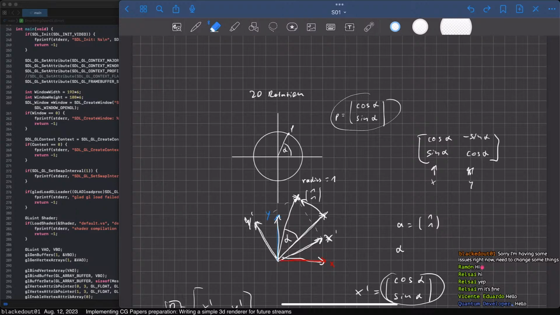So this is what you can see here. We use this mouse motion event to get the mouse position, and then each frame we compute the delta.